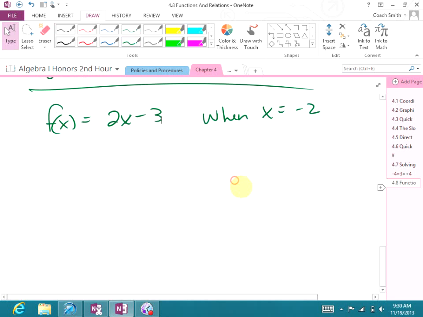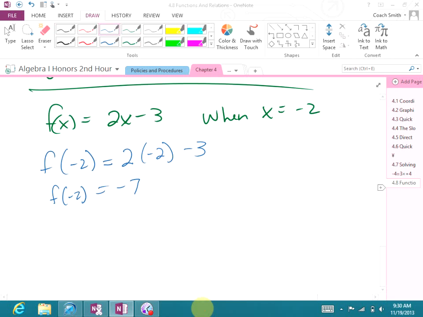So what our function notation is, they want to know the f of negative 2 equals 2 times negative 2 minus 3. And what does that equal? The f of negative 2 is equal to what? Which is what? Negative 7. So negative 7 is your answer to that problem.